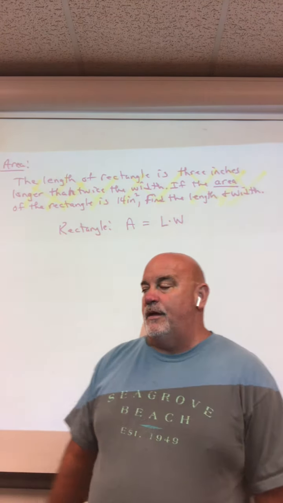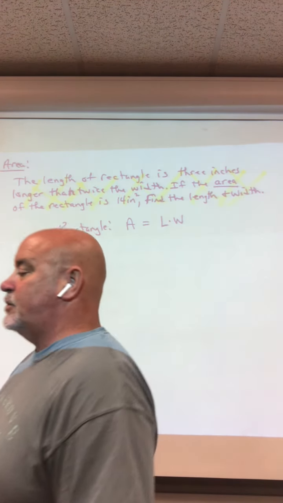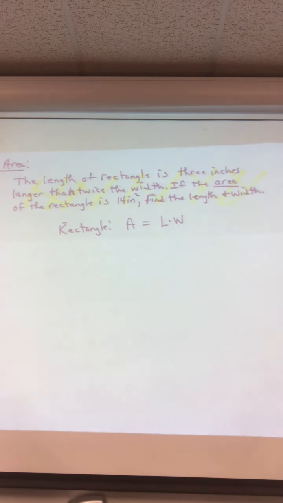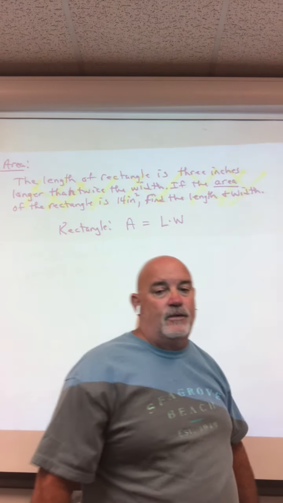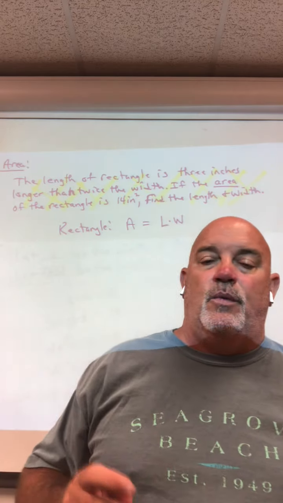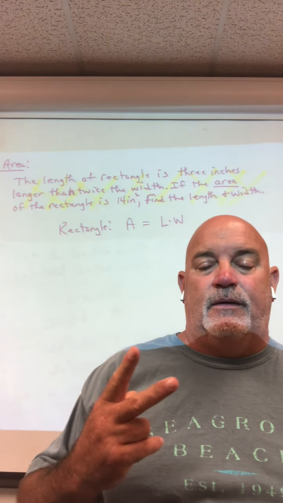All right, so how do we declare our variable in this problem? Well, the first simple question you need to ask yourself is this: what am I even looking for in this problem? Well, we are looking for the length and the width. Find the length and the width. That's two questions. When two questions are asked, how do we decide which one to pick?